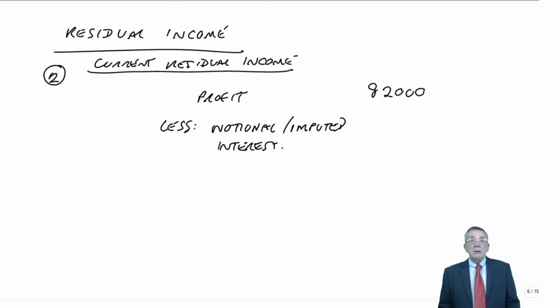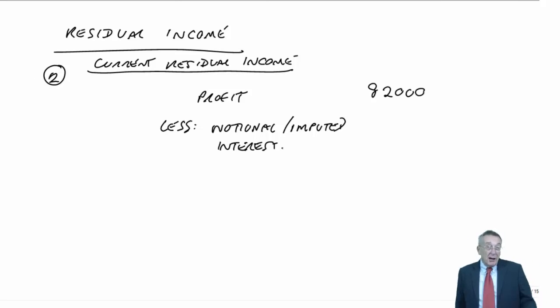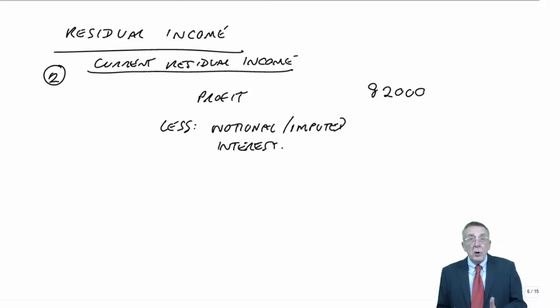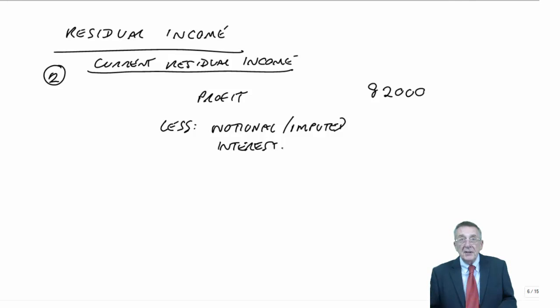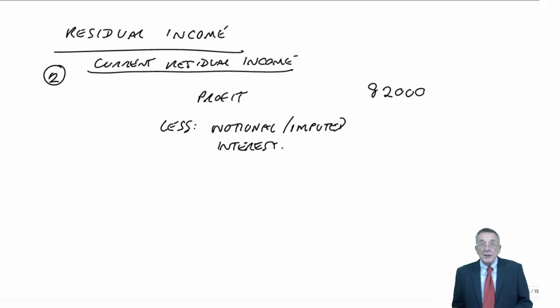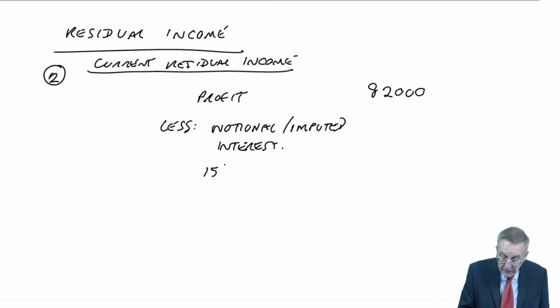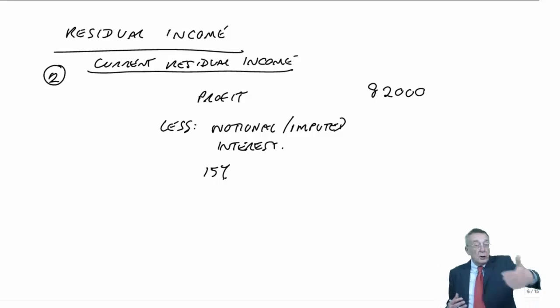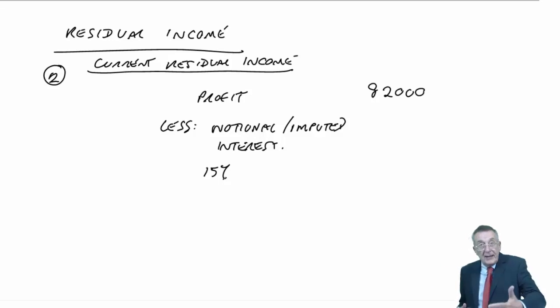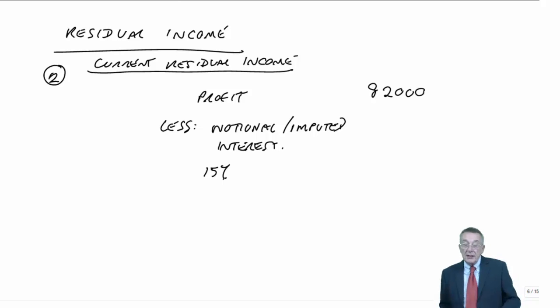Now, the reason we call it notional or imputed, we're not actually going to charge interest. This is purely done as a bit of workings to measure the manager's performance. You know, at the end of the year, I'll take a piece of paper and I'll do this arithmetic. And the interest we charge is the target or the cost of capital, 15%. That's my target, the company's target. I've told the manager that it's 15% we're going to notionally charge.